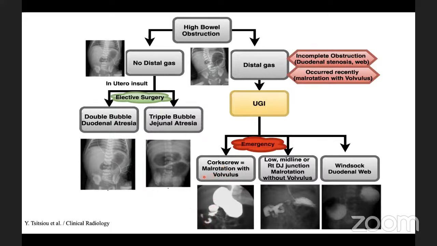The moment you diagnose this, the baby should go straight to the OR for an emergency laparotomy to untwist the bowel, because here minutes count, otherwise the whole bowel will be dead. And if there is no corkscrew, but the DJ junction is on the right side of the midline, it means that there is malrotation without volvulus. You can also see a windsock deformity on the upper GI.